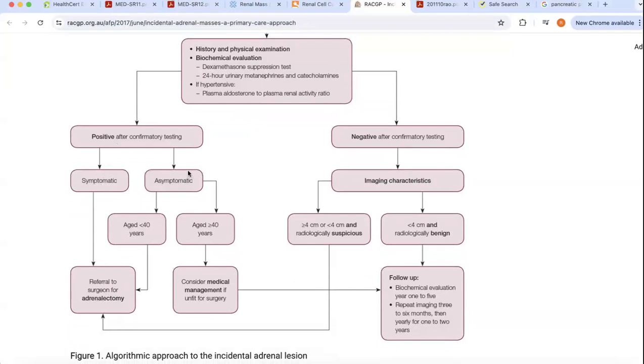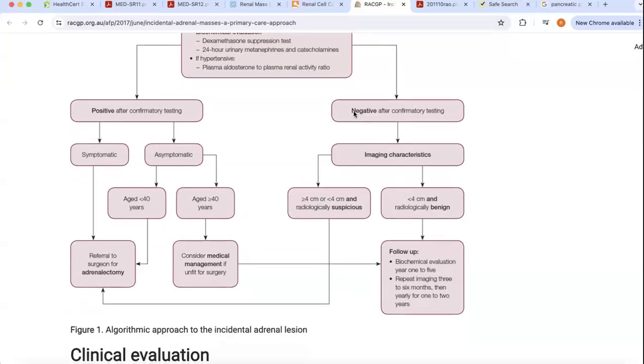If it is asymptomatic, less than 40, still will go for adrenalectomy. More than 40, ideally you would do medical management if the patient is unfit for surgery. So mainly if biochemically the patient is positive, most of them will need a surgery.